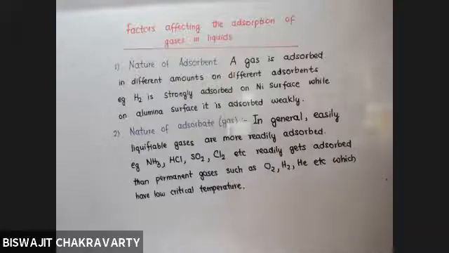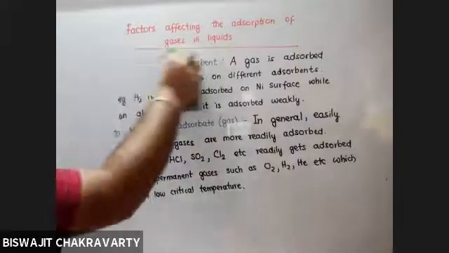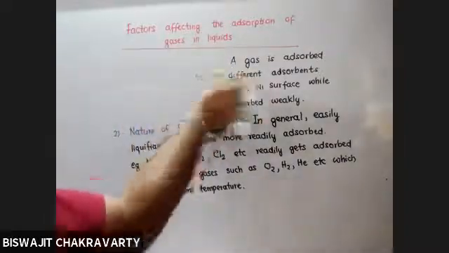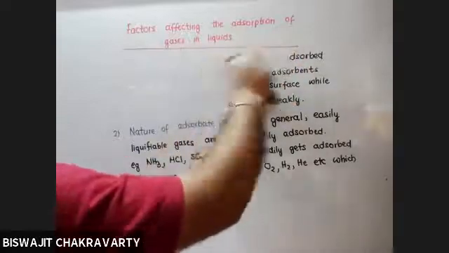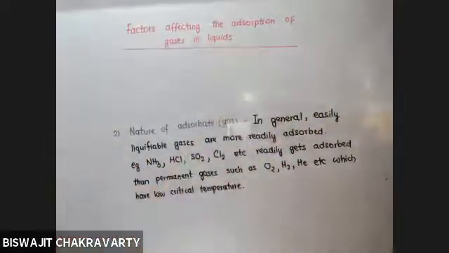But the gases which have relatively high critical temperature, those which are easily liquefiable, can be easily liquefied as compared to those which are permanent gases. Though the term permanent gases was initially used thinking that they can never be liquefied, all gases can be liquefied, provided you can achieve that critical temperature for everyone.